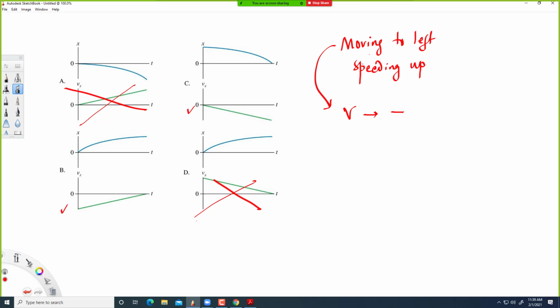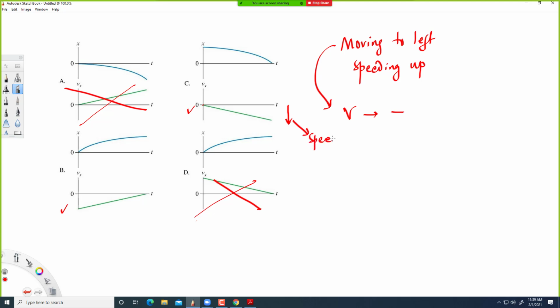And it's speeding up. Speeding up means, when you see a steepness like this, no, sorry. Let's see. When you see steepness like this in the negative axis, here it's 0, and going down means it's going to the greater value. Greater value means it's speeding up.